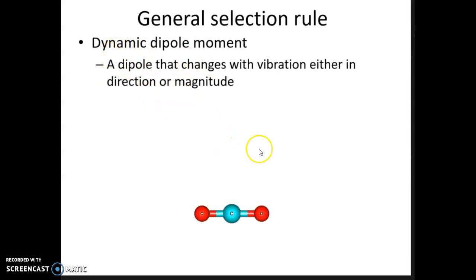So let's consider the carbon dioxide molecule. The carbon dioxide is a molecule that has 0 dipole moment. There are several vibrational modes in this molecule. Remember we said there's bond stretching, so let's look at the bonds stretching together.